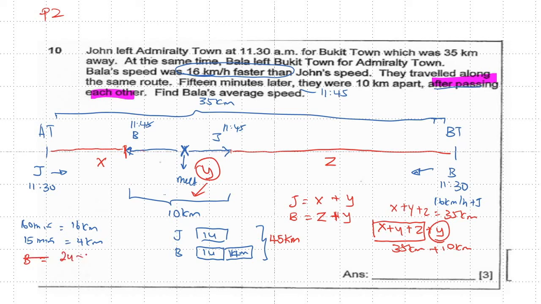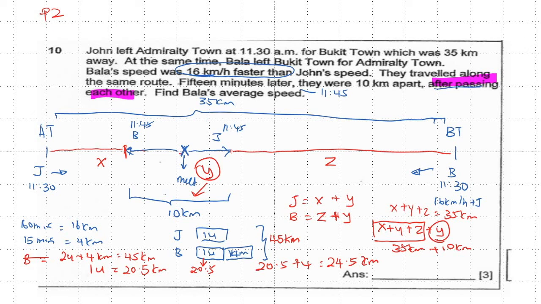If I know 2 units plus 4 kilometer equals 45, so you do some rearrangement, you will notice that 1 unit is actually equal to 20.5 kilometer. So here is 20.5. So 20.5 plus 4, Bala traveled 24.5 kilometer.